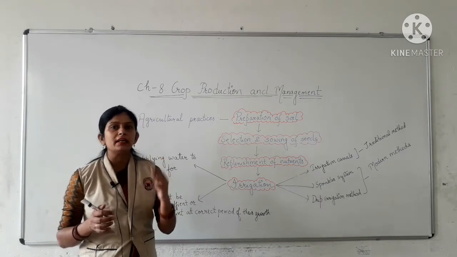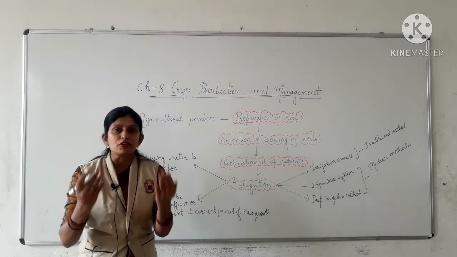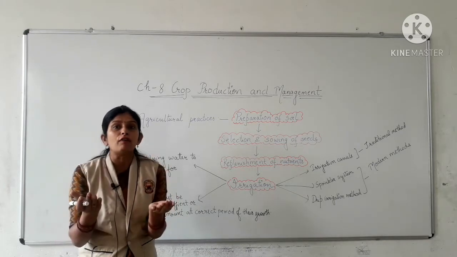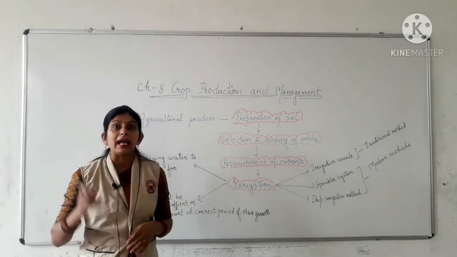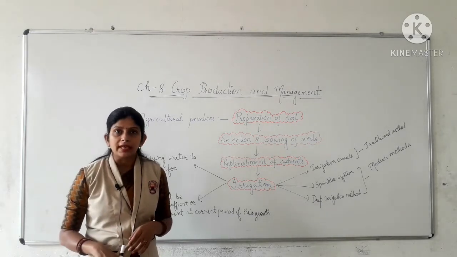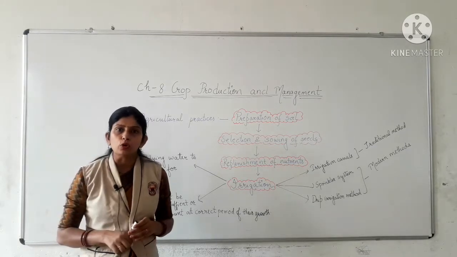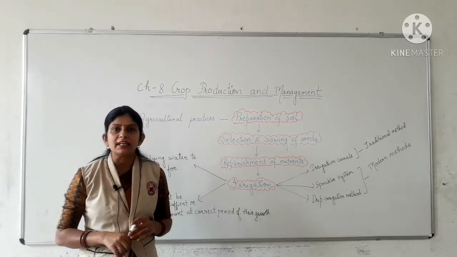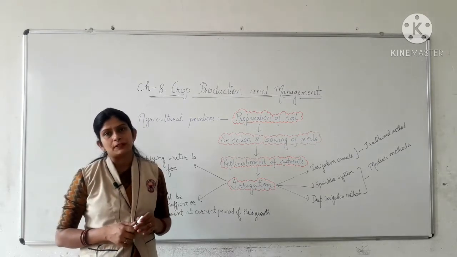Means in irrigation we must supply the required quantity of water to the crops for their proper growth and at the correct time. That will enhance their growth and will result in large production of healthy crops.